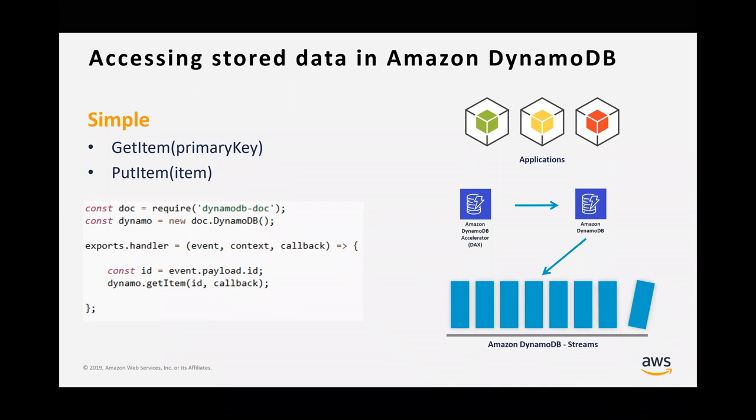Since DynamoDB is a core of the serverless pattern, you also have to think about how you model it. It has get item and put item functions, APIs which come with the AWS SDK for DynamoDB.